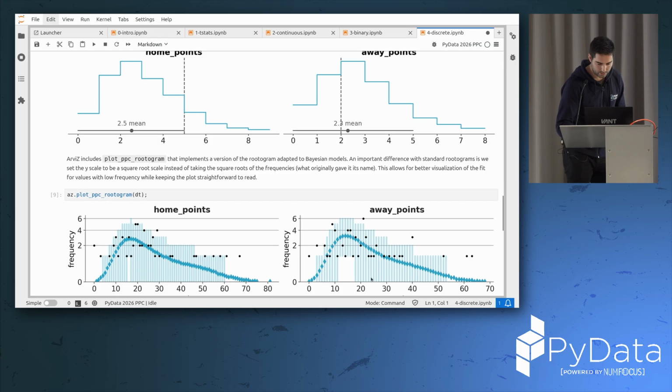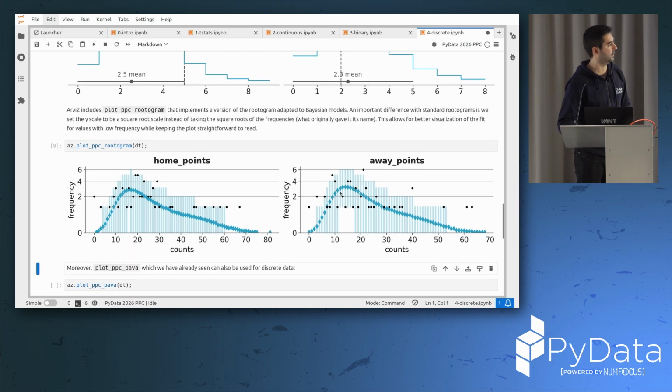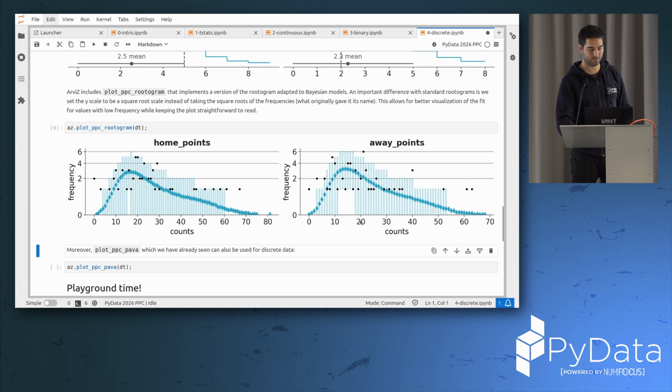So 20, observation is at 2, which is this one, and the interval is also from 5 to 0, which is, again, the case. We do this for all the points. And then here we can see that we have a lot of observations with high values for low points, whereas the model doesn't really catch all of this.